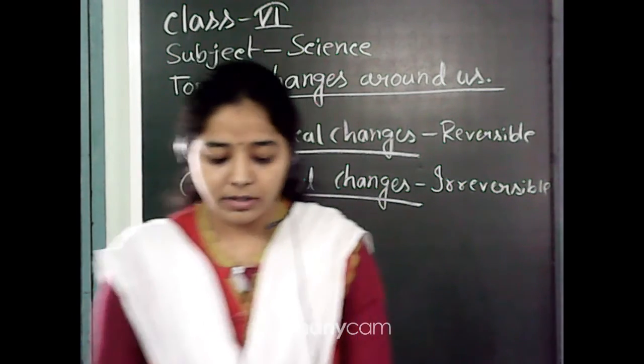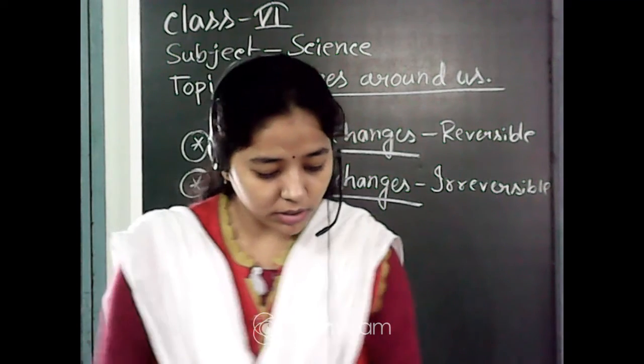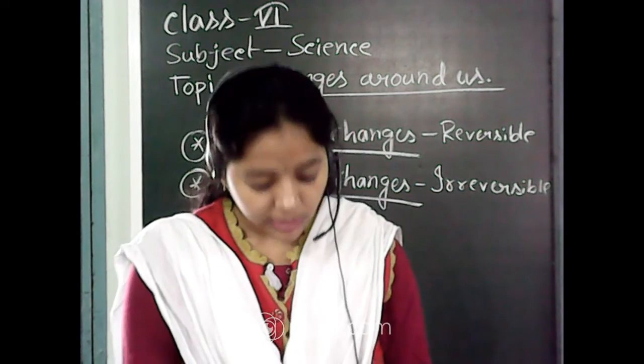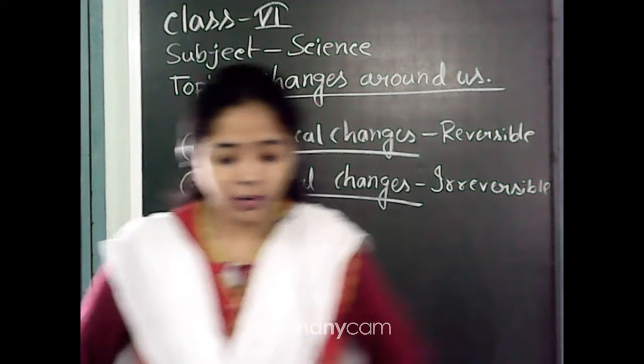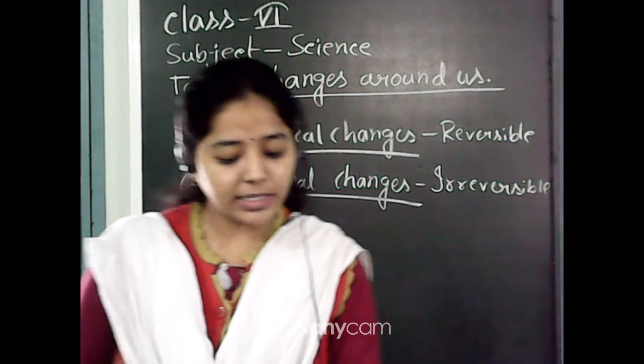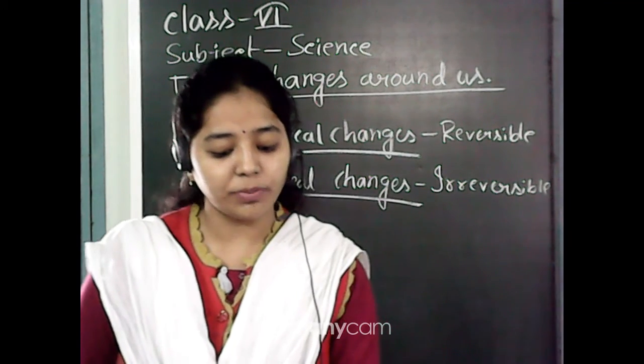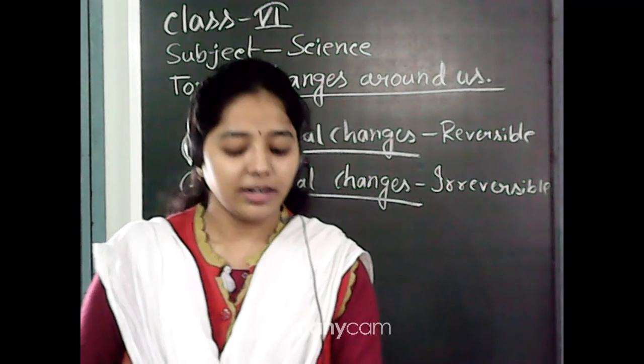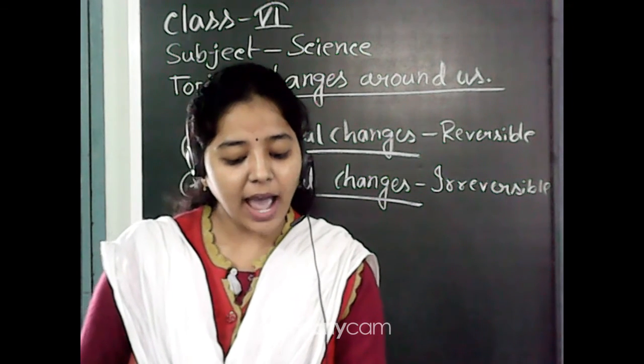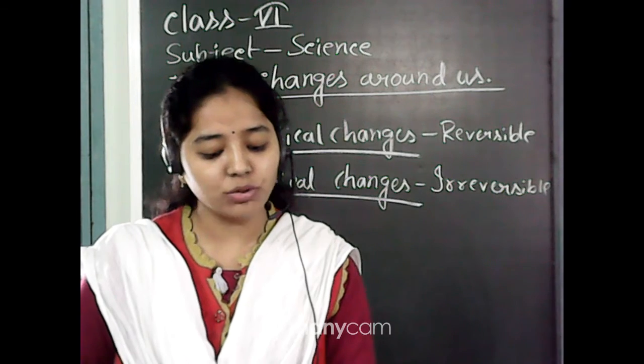Now open your book and turn to page 48. Here there is a subtopic: could there be other ways to bring a change? Now we have seen tools which are used to dig the soil.